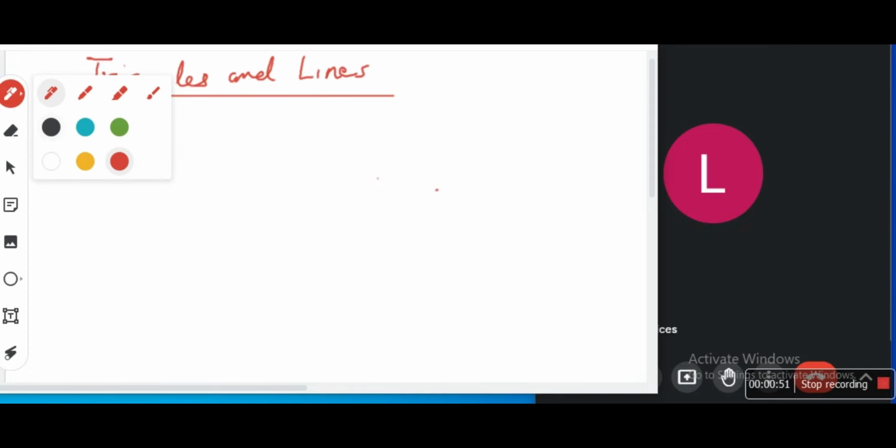All right. So let's start with certain theorems. So I can call this one theorem 1. Angles, triangles, and lines. Theorem 1.